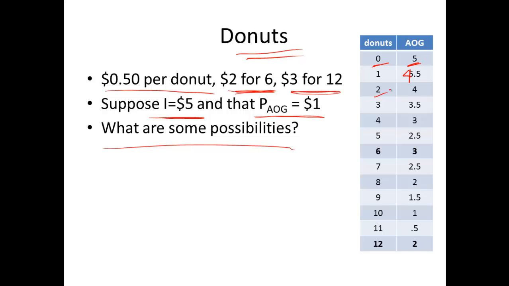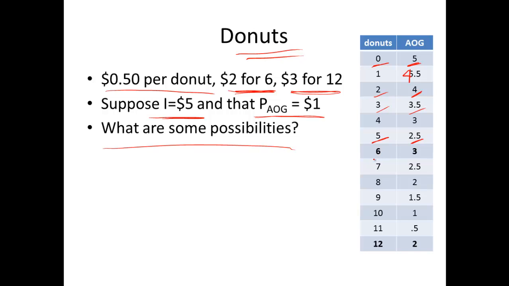Or they could buy 2 donuts, leaving $4 to buy 4 units. Or 3 donuts, 3.5, and so forth. Let's just jump down to 5. They could buy 5 donuts, which would cost $2.50, leaving them with 2.5 left over to buy 2.5 units of the other good. Then things get a little interesting.